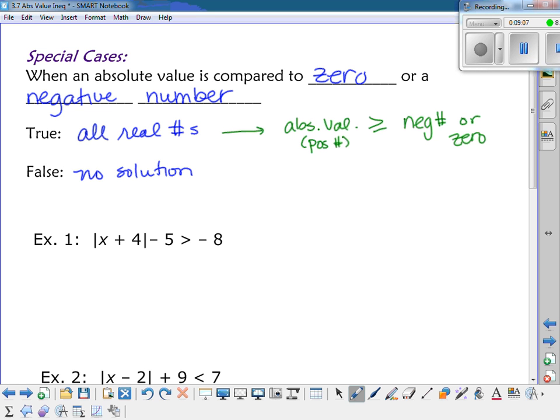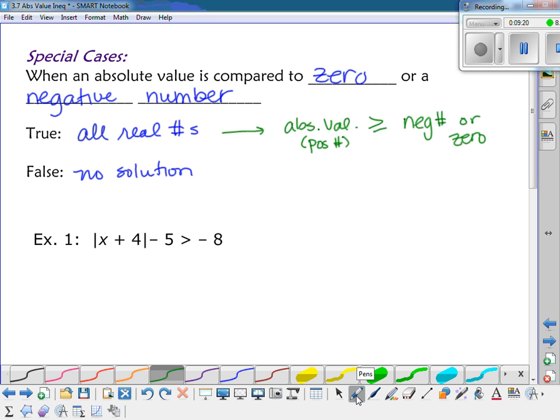Yes, it is. Is a positive number greater than or equal to 0? Yes, it is. So if that's the situation you end up with, it's all real numbers.